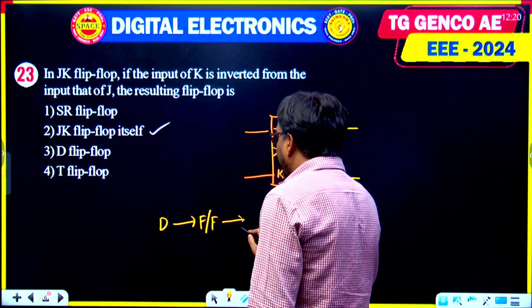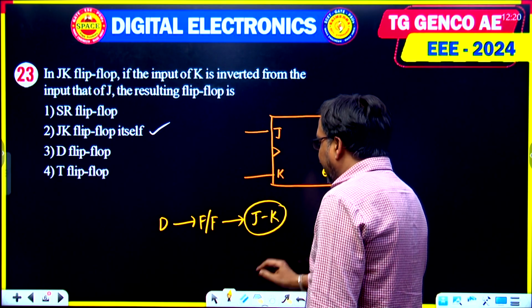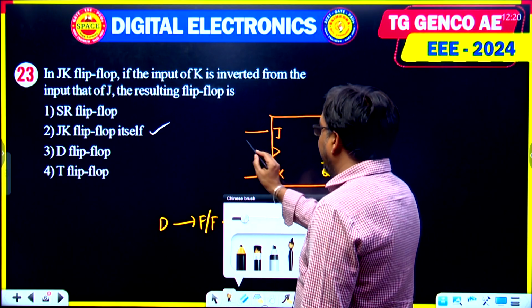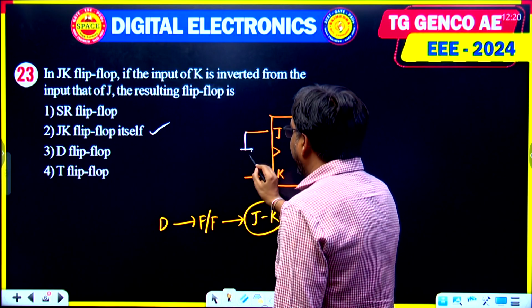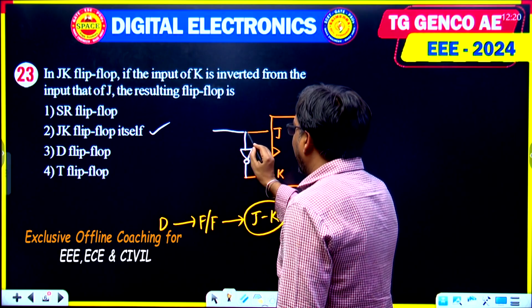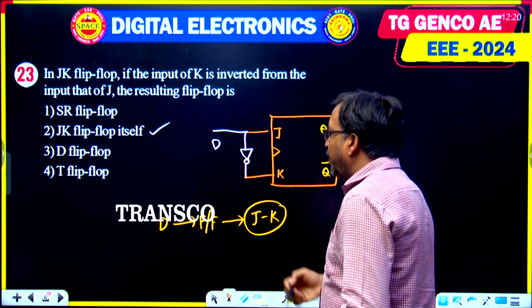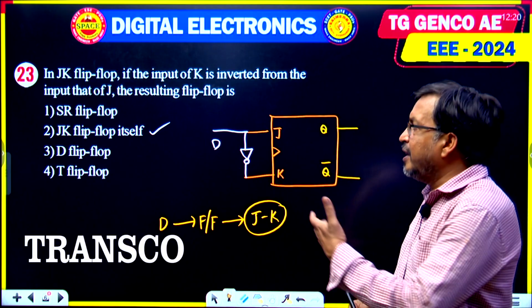A D flip-flop is obtained from JK flip-flop by connecting a NOT gate between JK input terminals. By connecting a NOT gate between JK input terminals, then what type of flip-flop? D flip-flop.